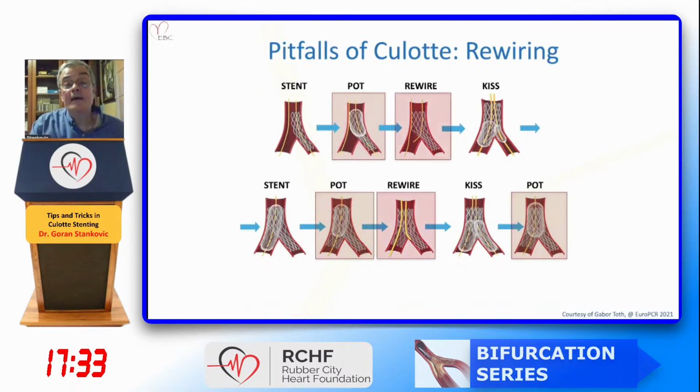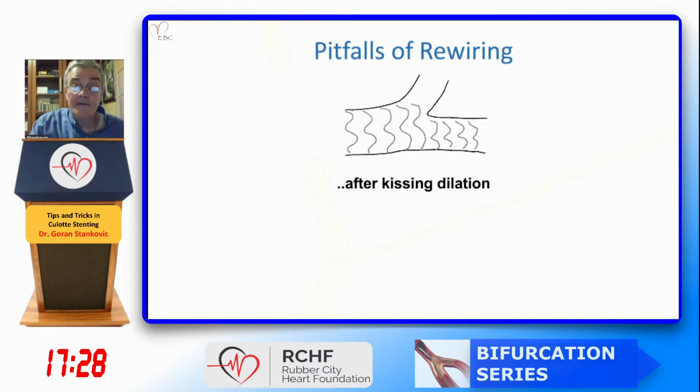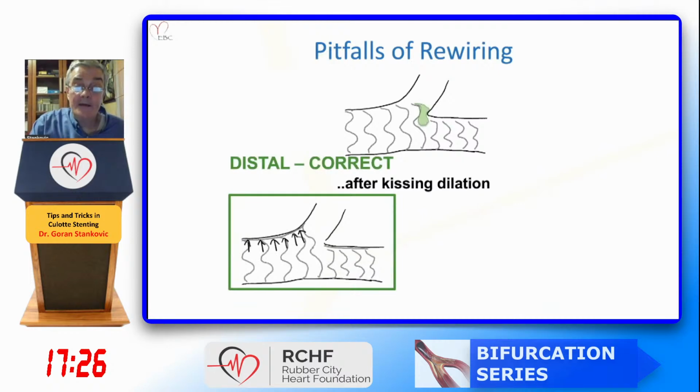Second point to make a mistake is the rewiring. And this is really after kissing, rewiring through the distal cell, that was also very nicely illustrated by OCT, allows you to push with the balloon struts from the main vessel stent, and you see scaffold the ostium of the side branch. So making this angulation much more widely open, plus this scaffolding allows you multiple options for protrusion.